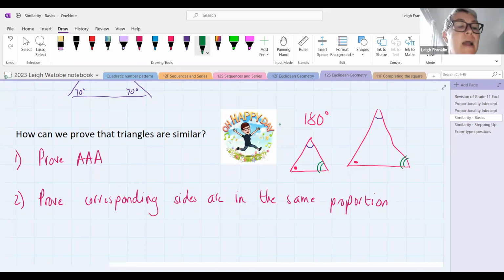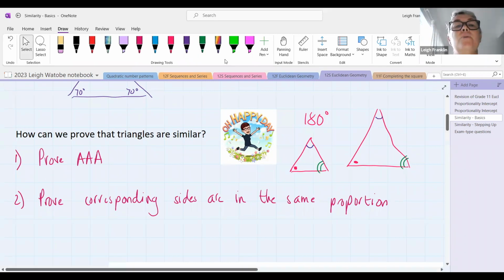But I can only use sum of angles in triangle as my last reason. I cannot use it as my first or my second reason when proving similarity. You're going to see more of that now in the examples that I am going to do.